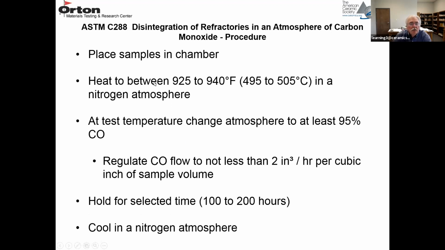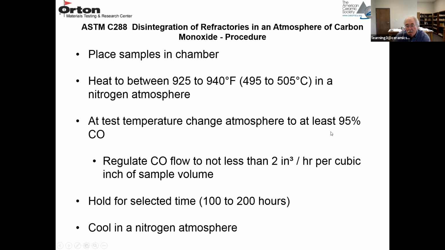That's very obvious. So the samples are placed in this chamber. They're heated only to about 940 degrees F or about 500 degrees C. And you heat them up in a nitrogen atmosphere. And then when you reach the test temperature, 940 degrees F, you switch over to a CO atmosphere.